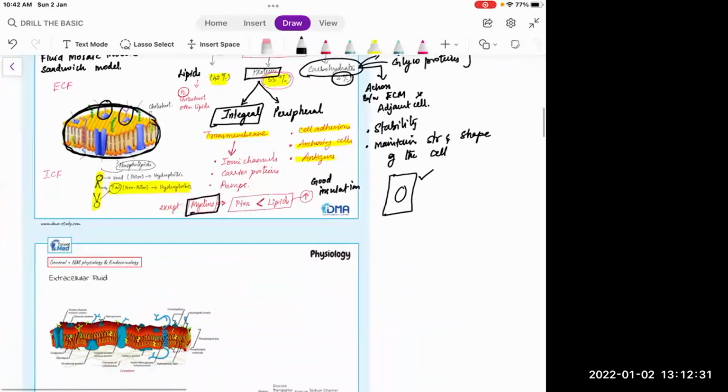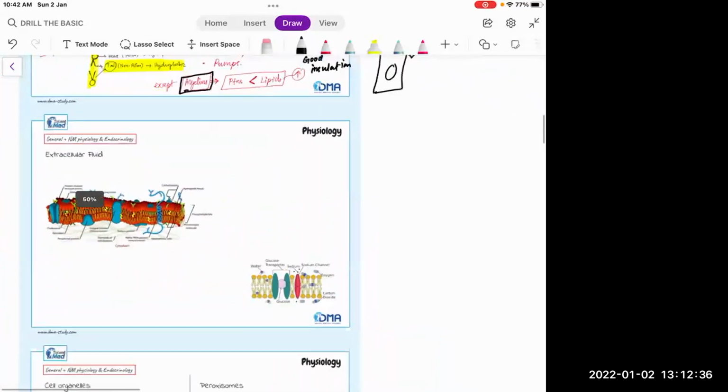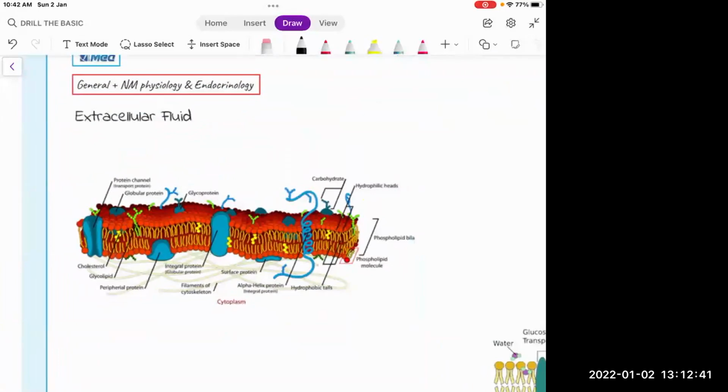So now we will move on to the extracellular matrix. There is a small change over here. This is not the fluid. This is the extracellular matrix. The extracellular matrix is the part which is present outside the cell.